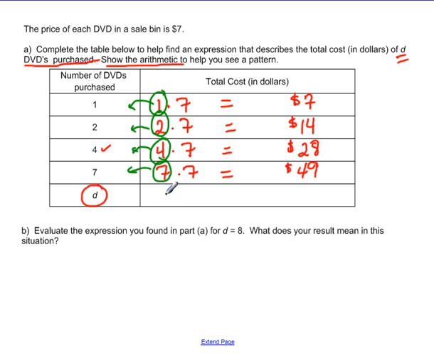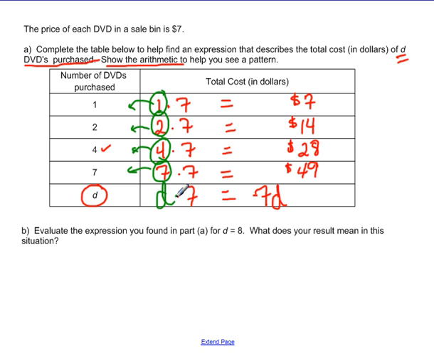So when I'm saying I'm purchasing D DVDs, it's going to be exactly the same pattern. I'm just going to be saying I'm buying D DVDs. And so here's my expression, D times 7. And we could also write that as 7D. Each one of those would be fine.